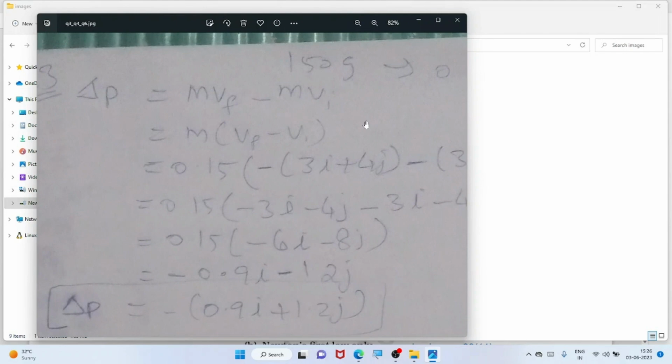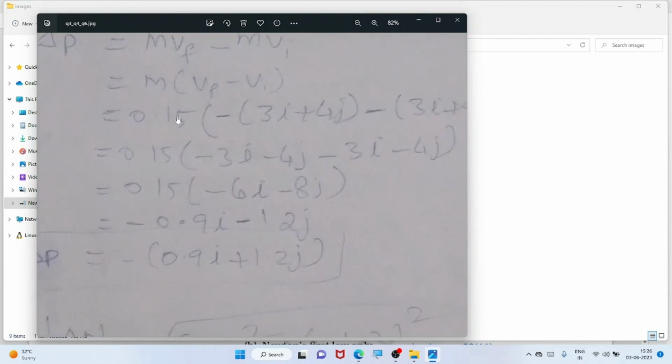Momentum is mass into velocity. So mass into final velocity minus mass into initial velocity. Here the mass is 0.150 kg; 150 gram converted to kg.